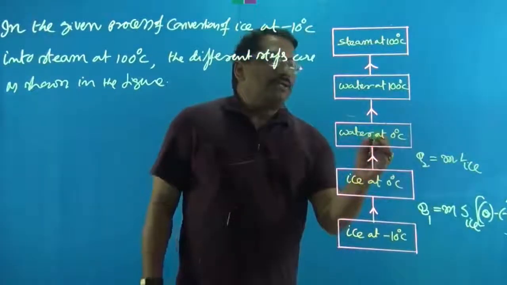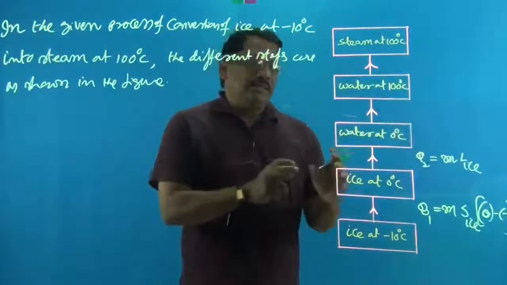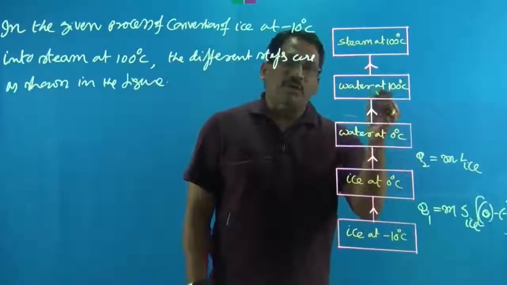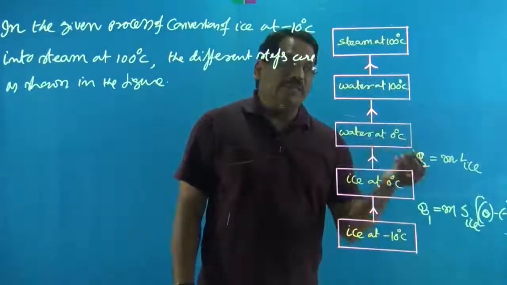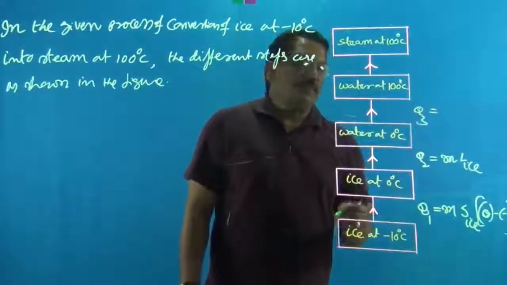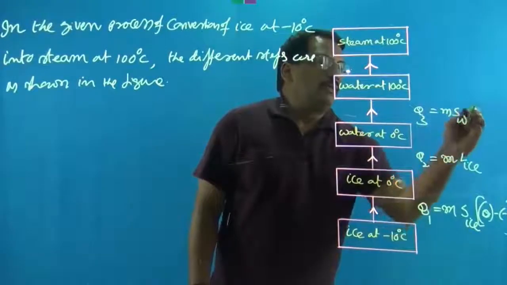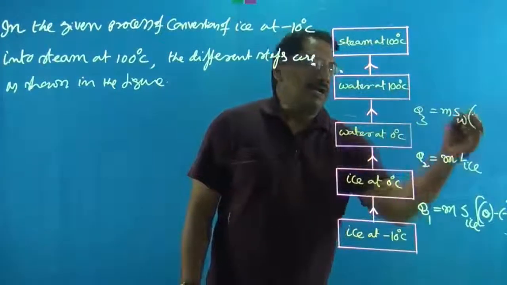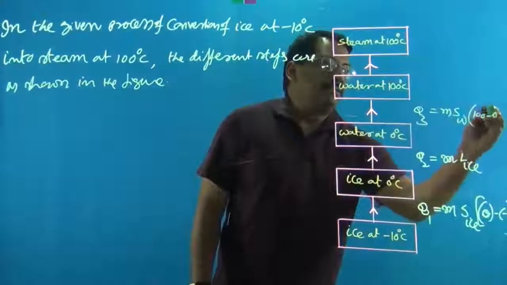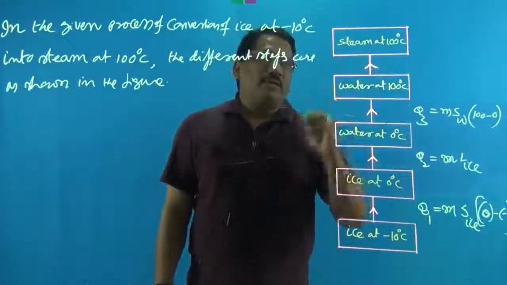Here water at 0 is now becoming water at 100. Again the phase remains the same as water only, but there is a rise in temperature, so the ms theta formula is to be used. So Q3 is equal to mass into specific heat of water into the rise from 0 to 100, so 100 minus 0. And then here water at 100 converts to steam at 100.